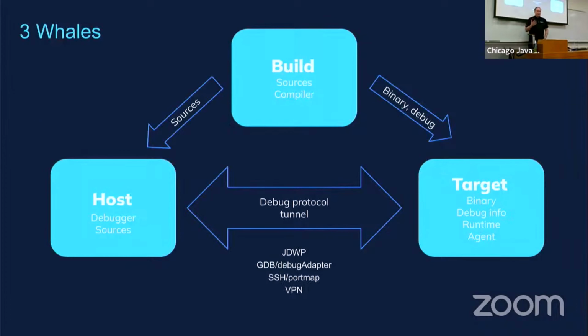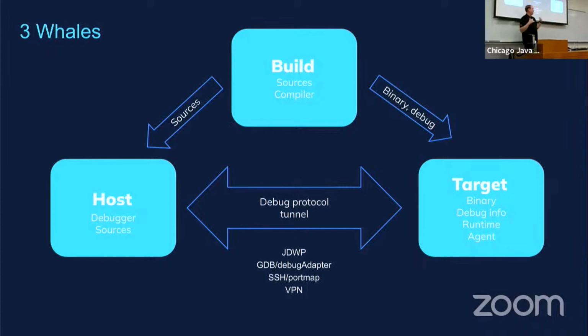And here's the principal schema of how all debugging in this IT world works, right? I would say we're in Chicago, so looking at those coasts. So here we start from the West Coast, which is our host machine, from which we debug.